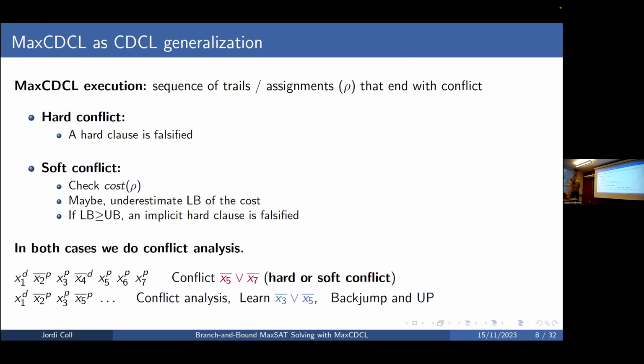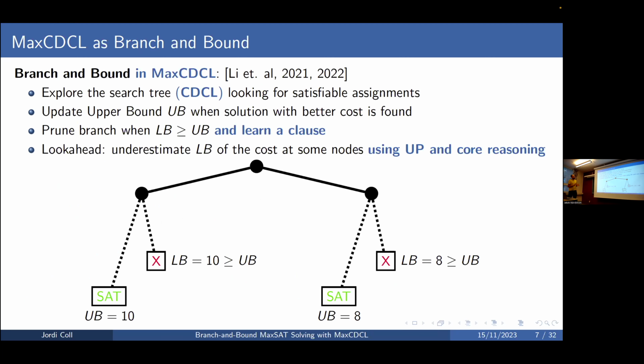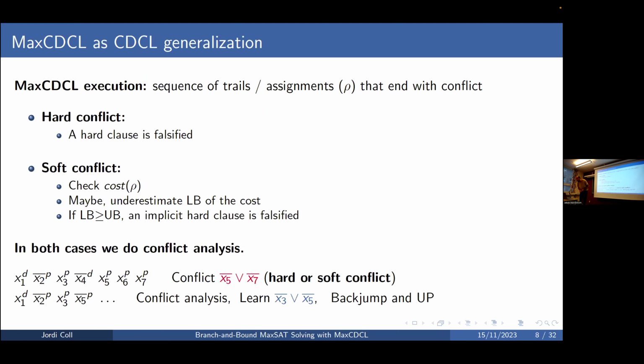Well, here I explain MaxCDCL as a branch and bound algorithm, but I think that a very good way of presenting and understanding MaxCDCL is as a generalization of the CDCL algorithm. Actually, this is what is called MaxCDCL. Okay? We might see a MaxCDCL execution, also a CDCL execution, as a sequence of trails or assignments, okay, where each assignment finishes when we hit a conflict, when we falsify a clause.